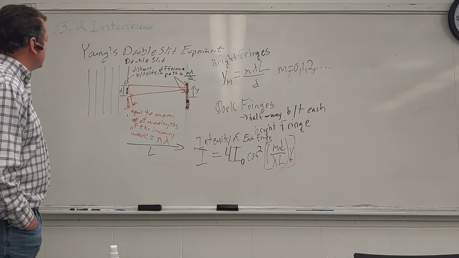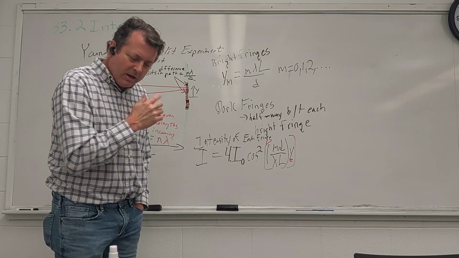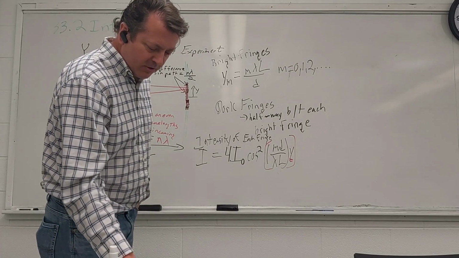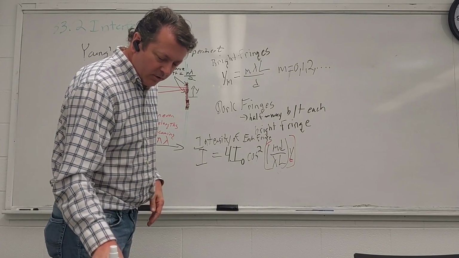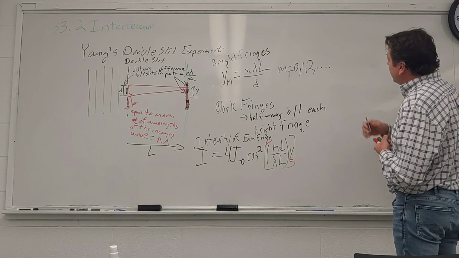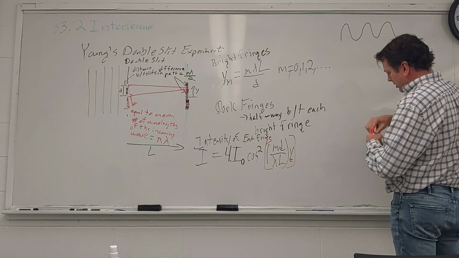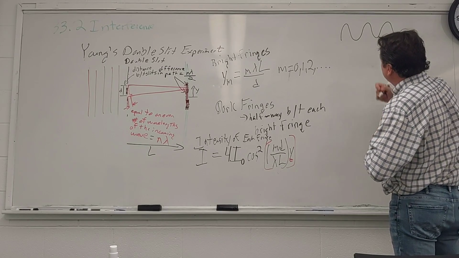With interference, I'm going to add a little bit on the side here. When waves interfere, what you have happening is, I'm going to do this over here, you have one sine wave here, and another sine wave underneath it.